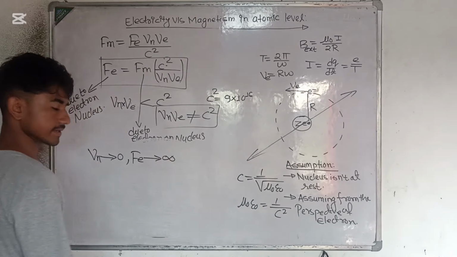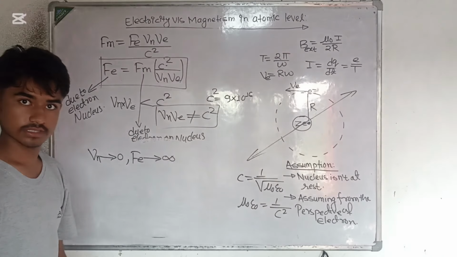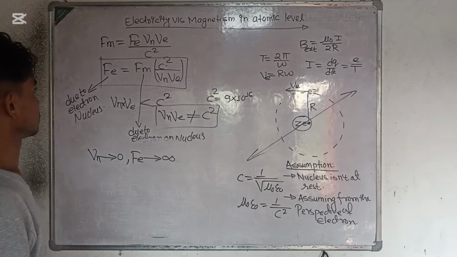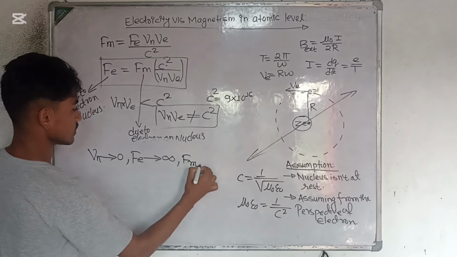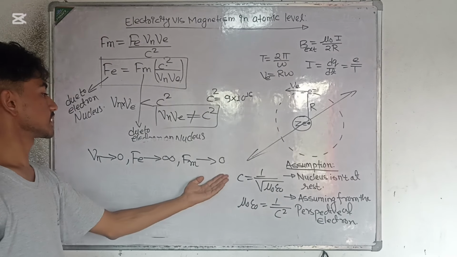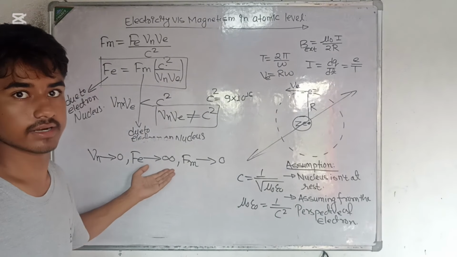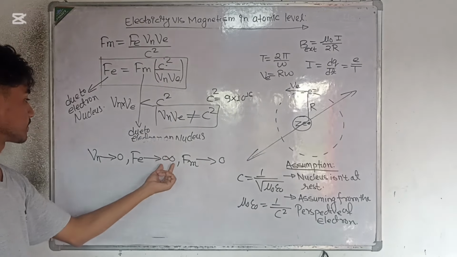There would be infinite electrostatic force between two charged particles, and this is not possible, right? And the magnetic force experienced would tend to 0, and this is also not the case because the electrostatic force will never be infinite, right? This will never be infinite.